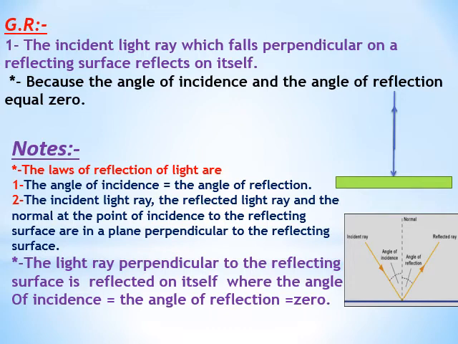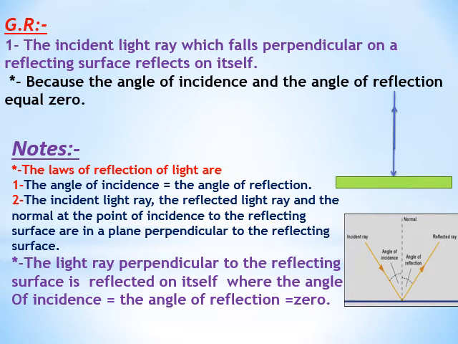Again, I have the second law of light reflection. What is meant by the second law of light reflection? The second law talks about the light rays only, which are the incident ray, the normal line, and the reflected ray.